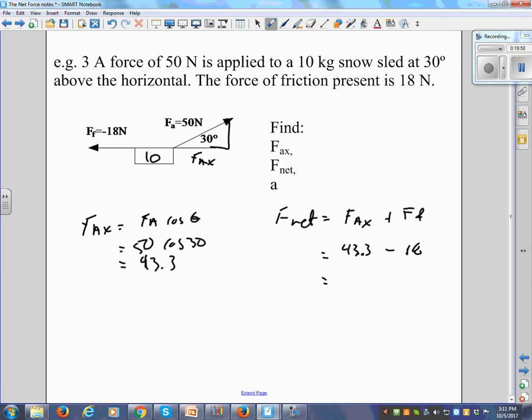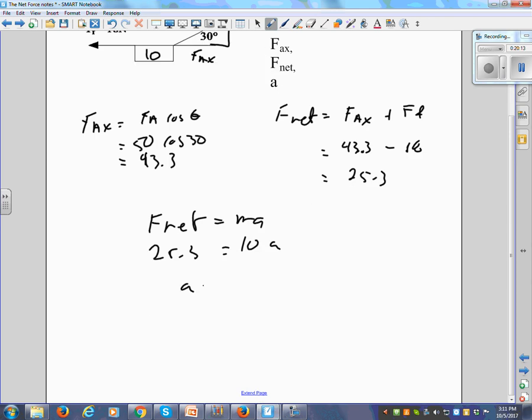Right, Josh? 25.3. And now we're just going to go, oh, I thought this was going to be longer. 25.3 is equal to 10a. How do you solve that? Divide both sides by 10. 2.53 meters per second squared. Not that hard at all.